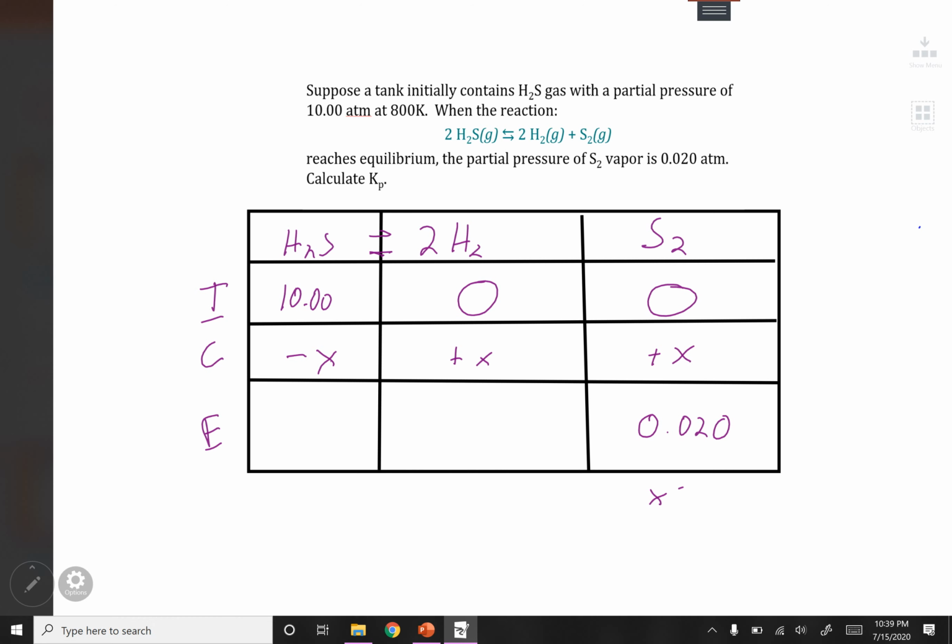And so we know that x will be equal to 0.020, just based on this column. So that means that this column's equilibrium pressure is also 0.02. So the only thing we have left to do is to take that away from 10.